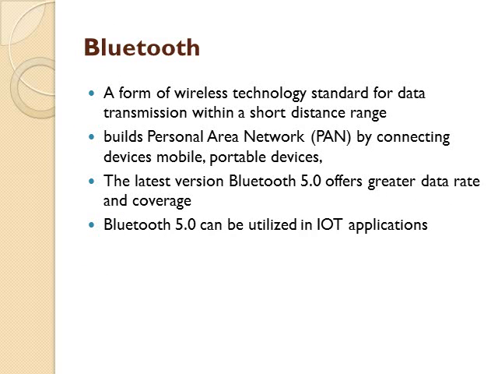The next form of wireless communication is Bluetooth. That works within a short distance range, approximately 33 feet, and Bluetooth builds personal area networks by connecting devices such as mobile phones, headsets, MP3 players, laptops, GPS units, so many devices, plus digital cameras and printers as well.